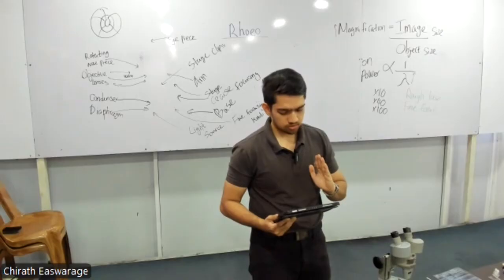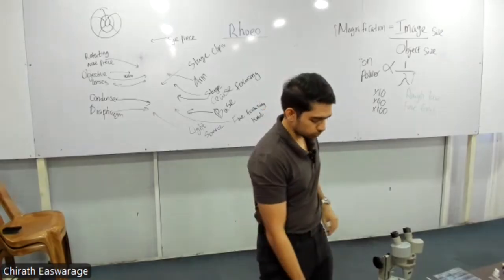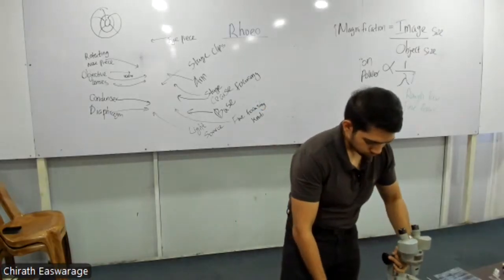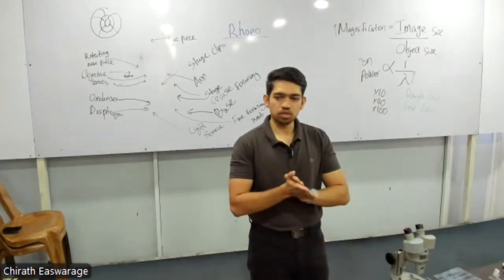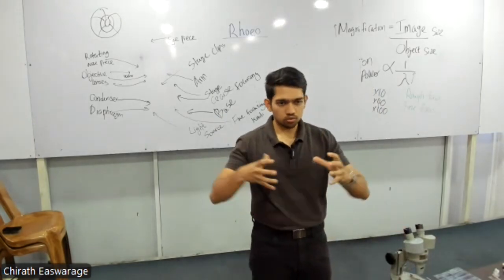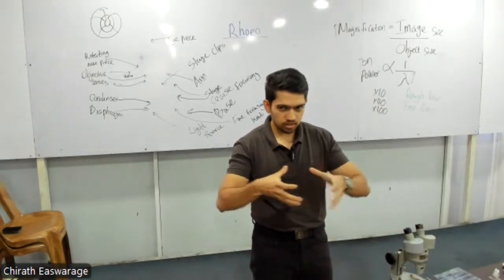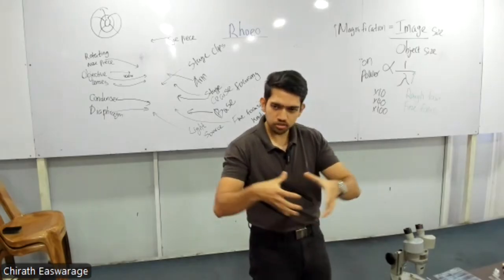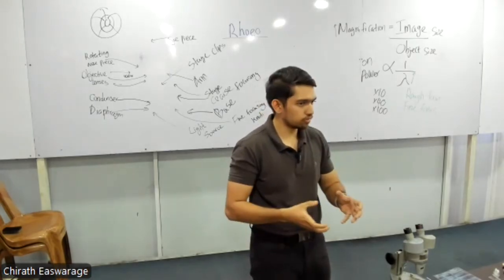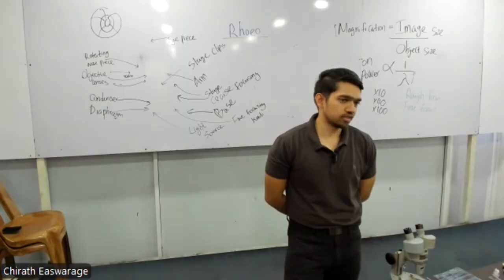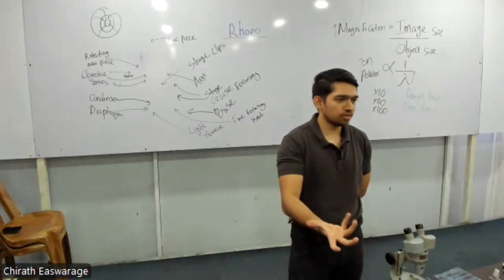In electron microscopes, what do we use to focus? These are electrons. Can we use glass lenses? No. We use magnets that can focus and concentrate the electron beam, magnetic fields. So magnetic lenses are lenses that are made of magnets.